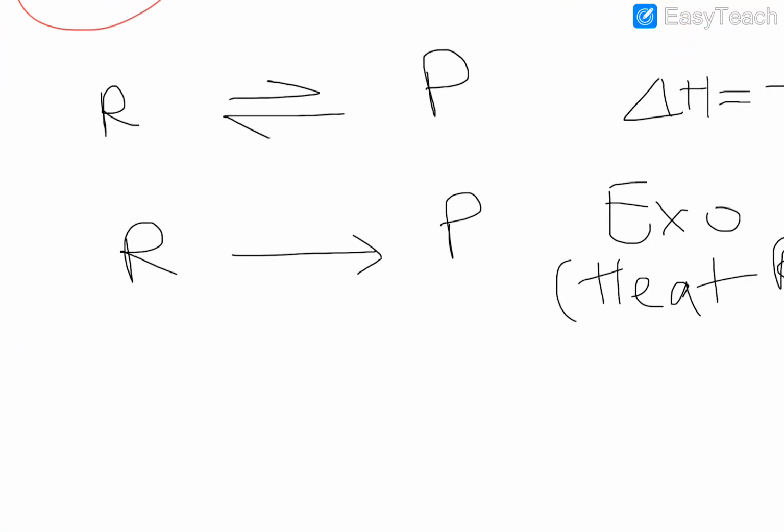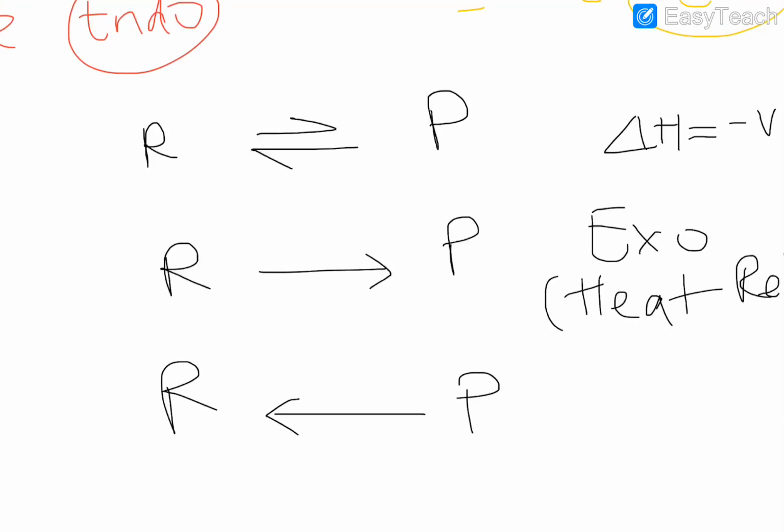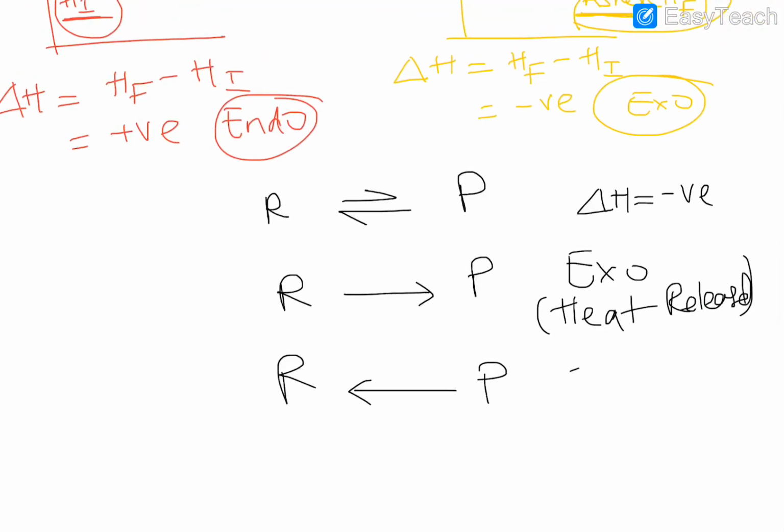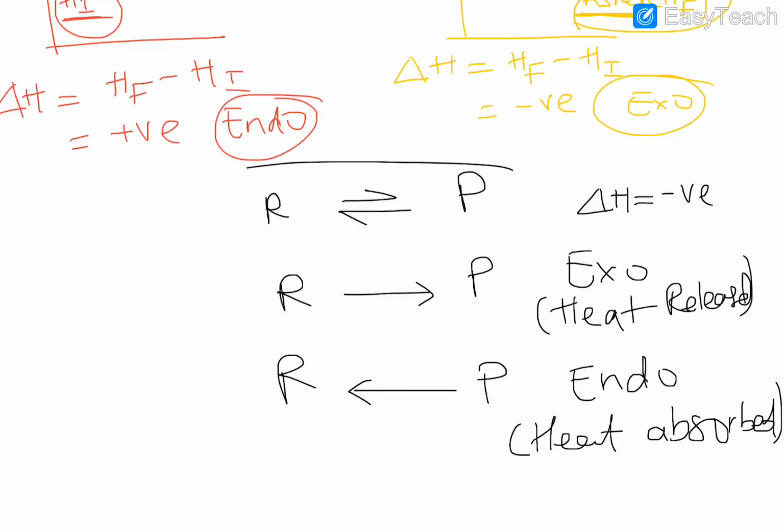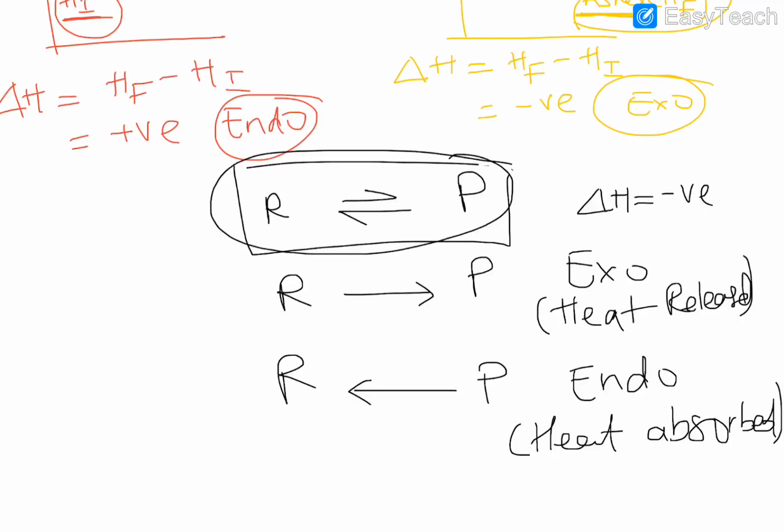For the same reaction, if I'm going from products to reactants, which is the backward reaction, it's going to be the reverse. So now it's going to be endo, which means heat will be absorbed. We're talking about the same reaction here. So if delta H is negative, in the forward direction it's exo, and in the backward reaction it will be endo.